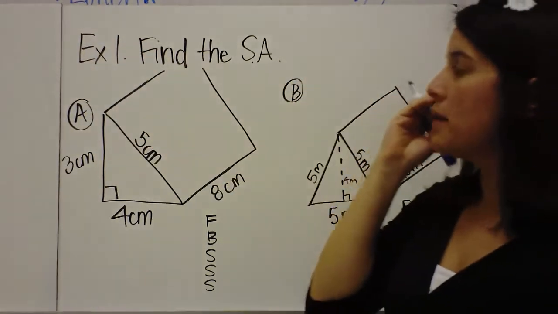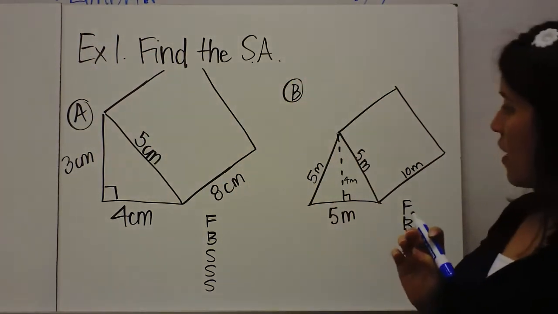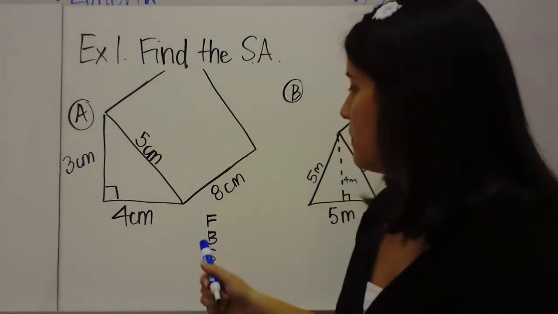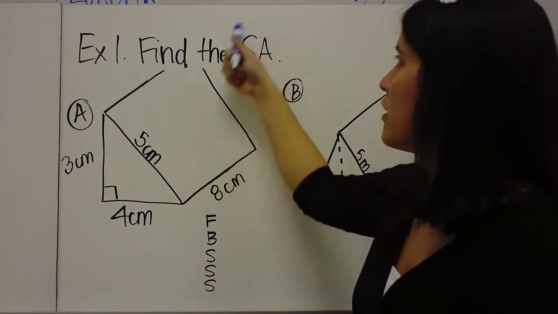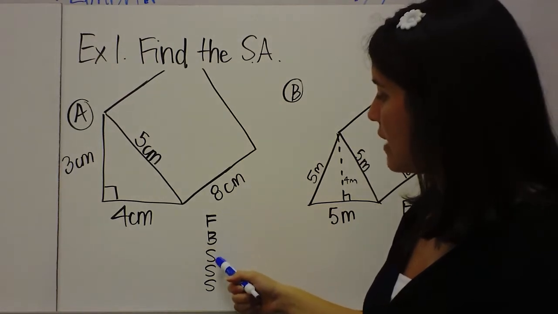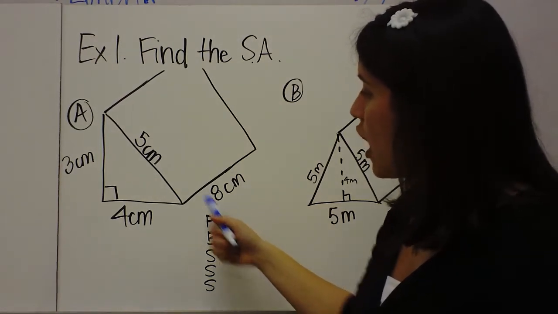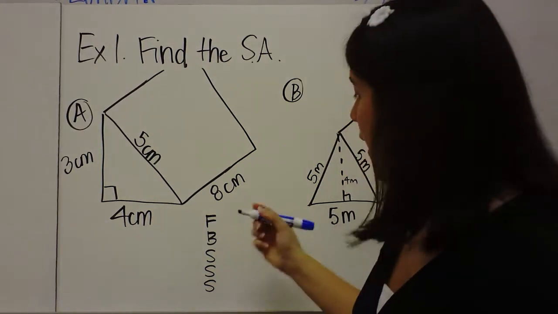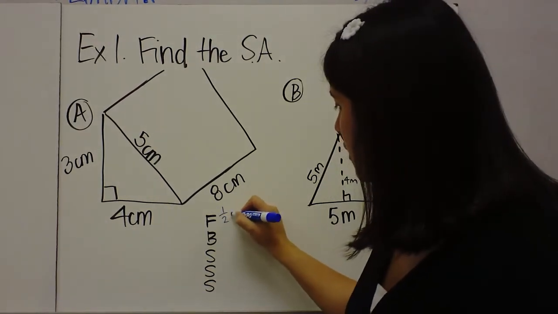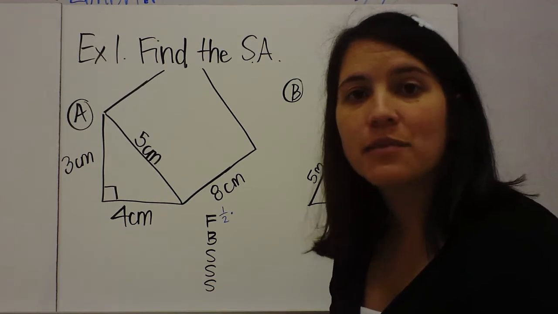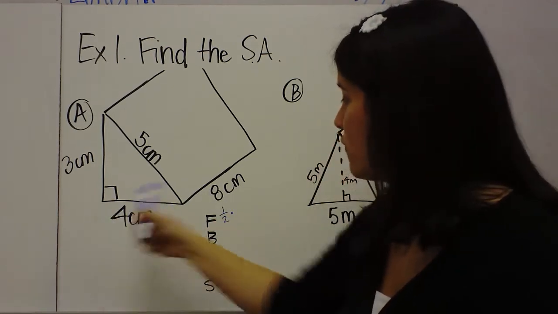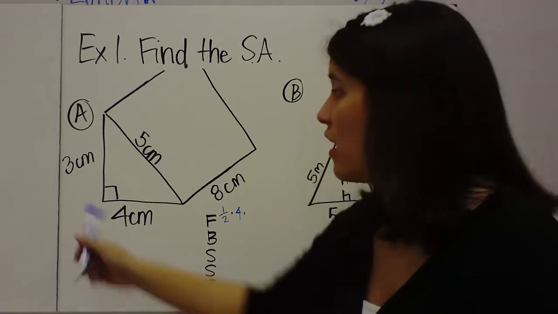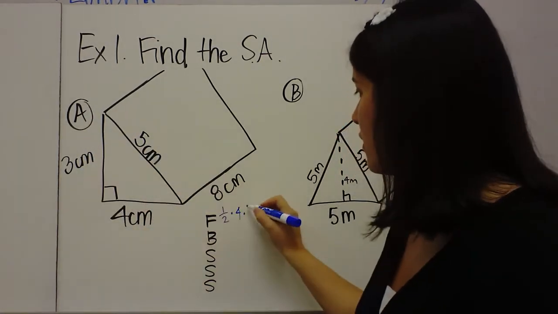Okay, so example 1, copy these down. We have a right triangular prism, and we want to find the surface area. So we need to do front, back, side, side, side. Well, for the front triangle, we need to do 1/2 times the base of the triangle, which is 4, times the height of the triangle, which is 3.